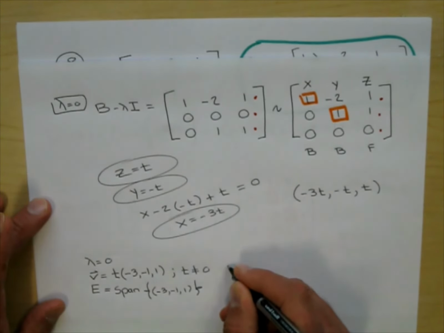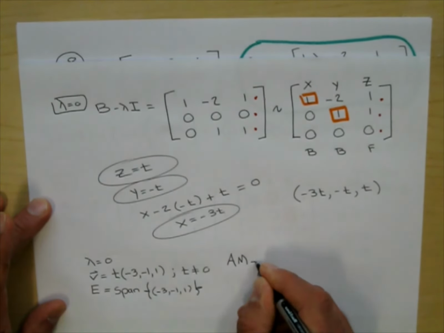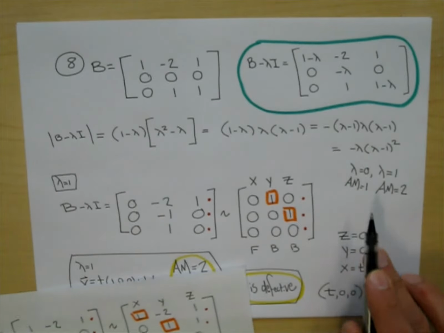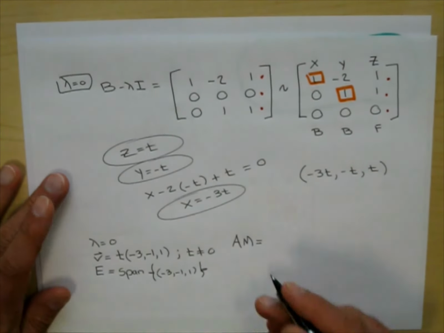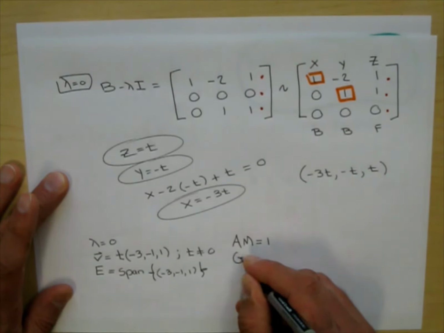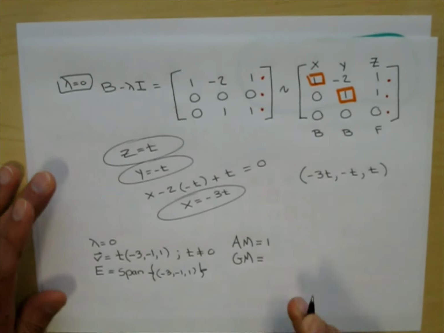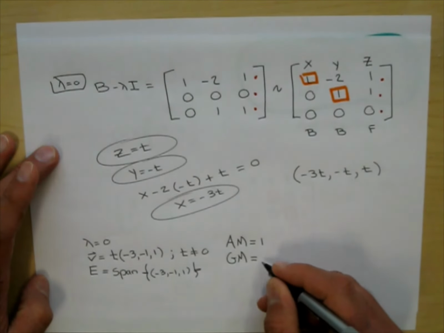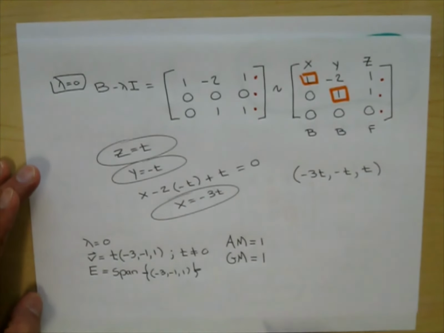The algebraic multiplicity for lambda equals 0 is 1. The geometric multiplicity, well, that is the dimension of the eigenspace, and there's only one vector in that eigenspace for the basis, so the geometric multiplicity is 1.